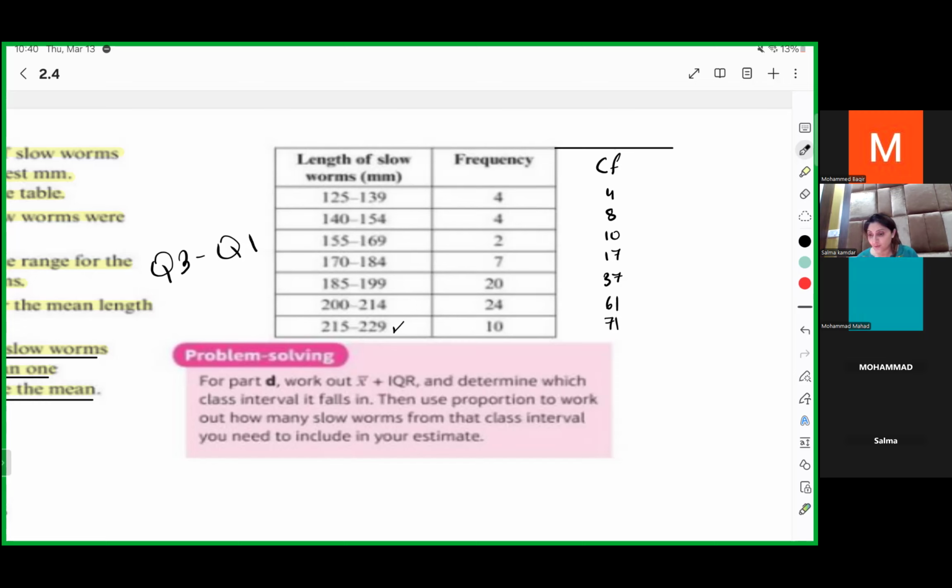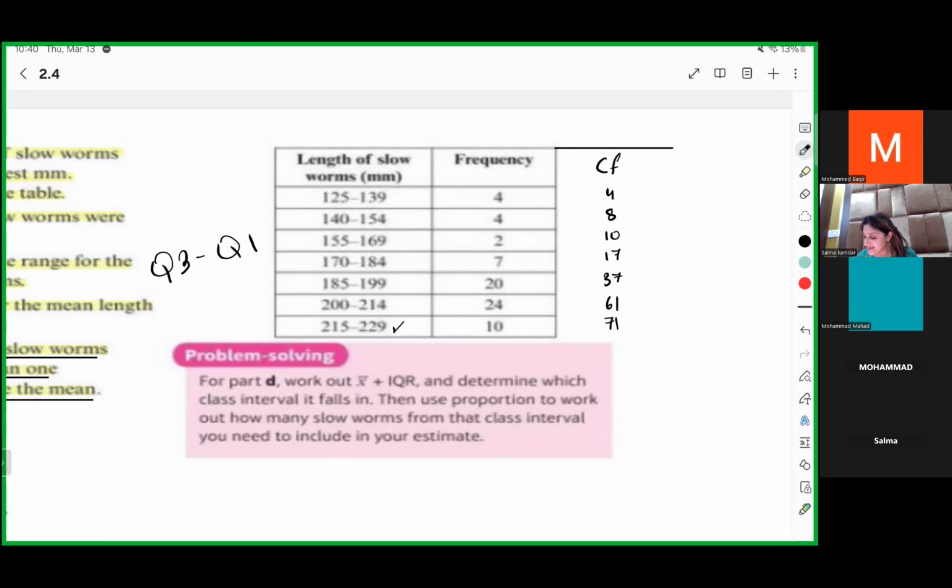Total number of slow worms is how much? What is the cumulative frequency of the last class? The total cumulative frequency is 71.